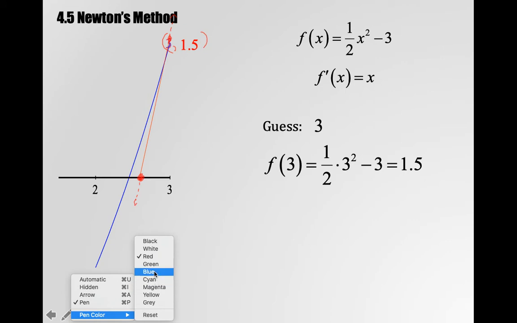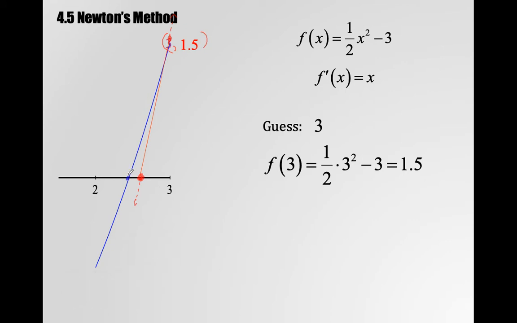Isn't it closer than my first guess of 3? The x-intercept of the tangent line drawn at my first guess, 3, comma 1.5, is closer to the real x-intercept that I'm after. I'm going to use that knowledge.